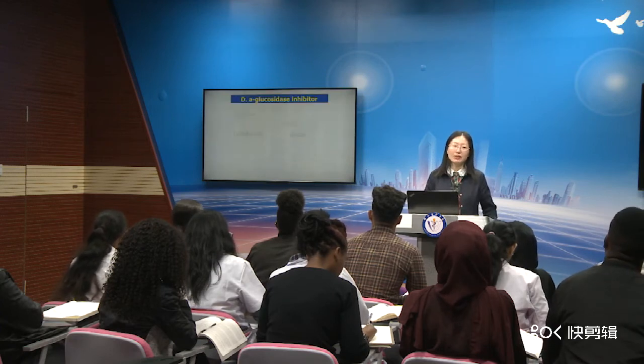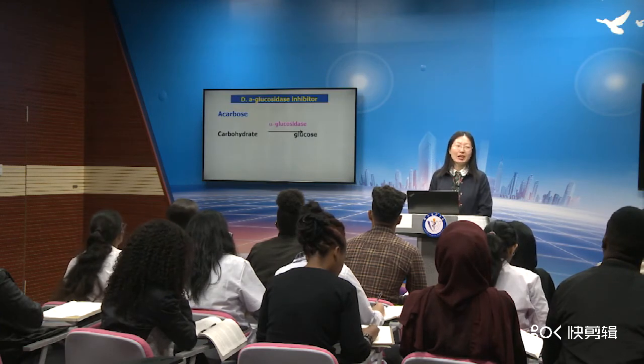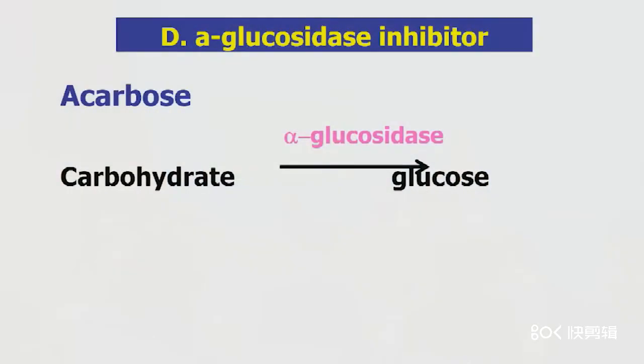The last kind of drugs, alpha glucosidase inhibitor. And the drug is acarbose. We have known glucose metabolism in your biochemistry class. Carbohydrate under this enzyme, alpha glucosidase, is converted into glucose.